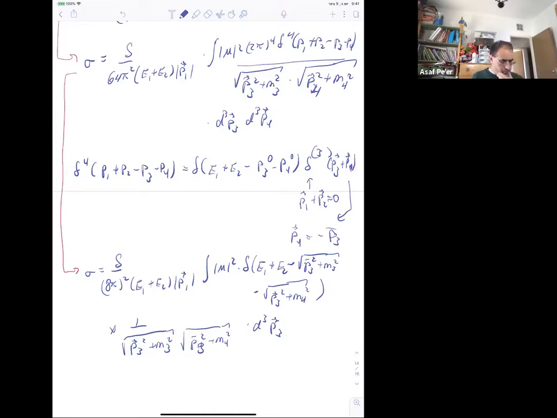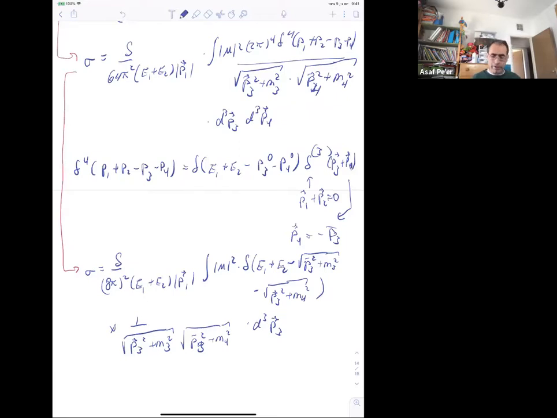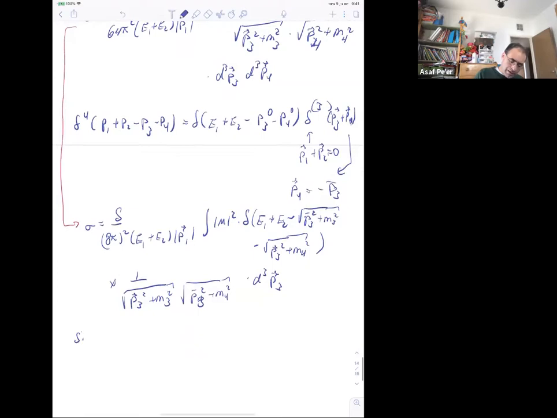Now, M can also depend not just on the magnitude, but on the orientation or direction of P3. So since M may depend on the direction of P3, you cannot simply carry out the angular integration.